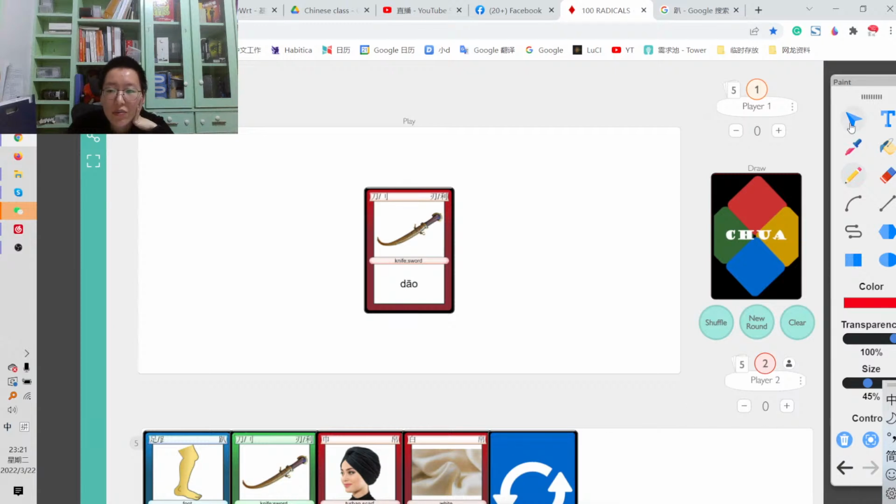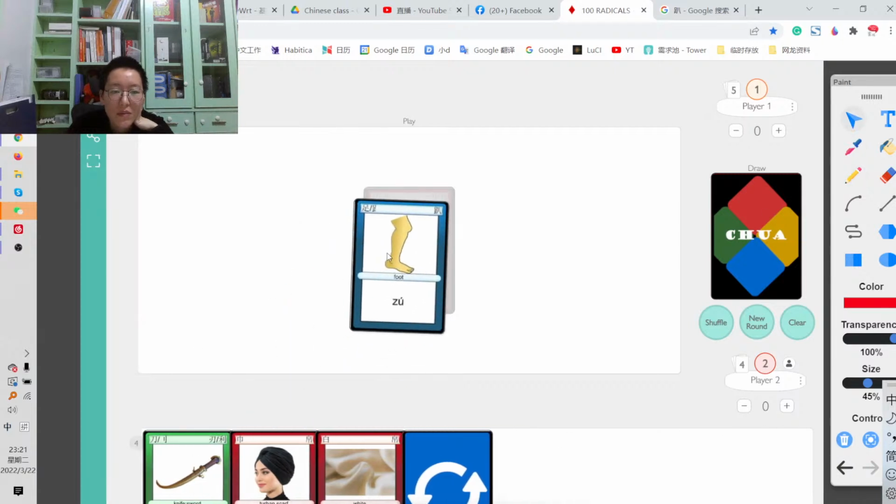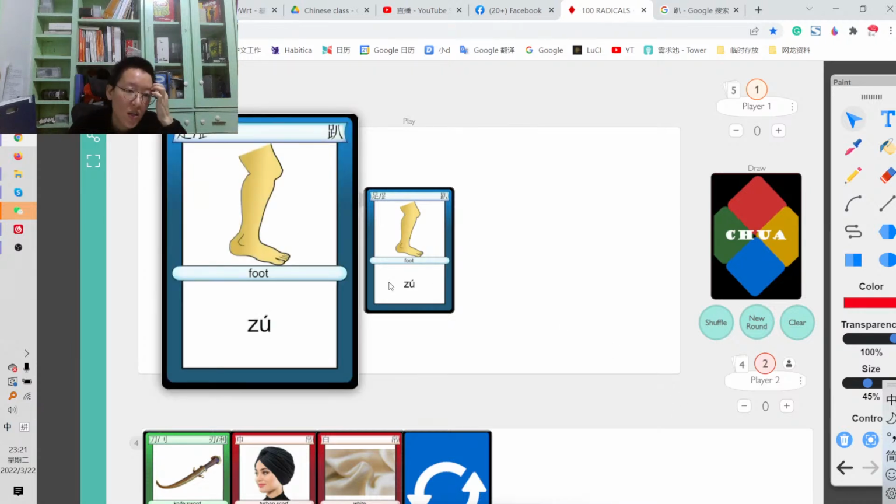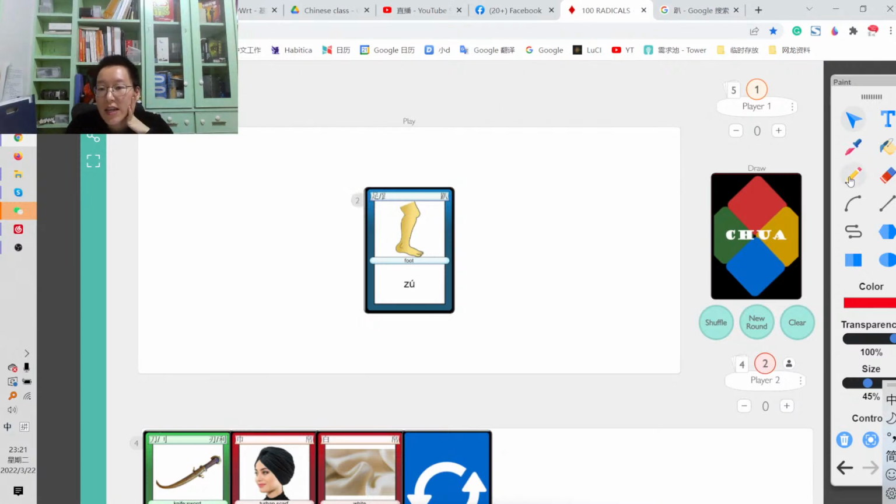Okay, next one. 足 also has two forms, the same as before, because it needs another part beside it. This one is when 足 is an independent character, meaning foot. 足 also means foot when it is the radical.